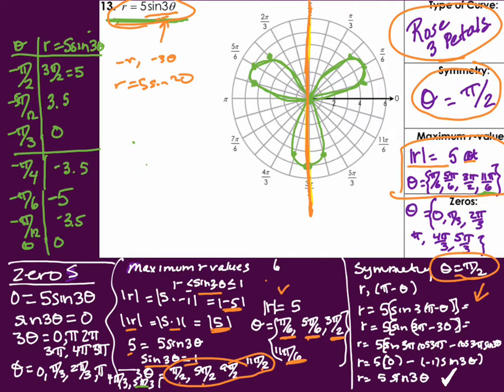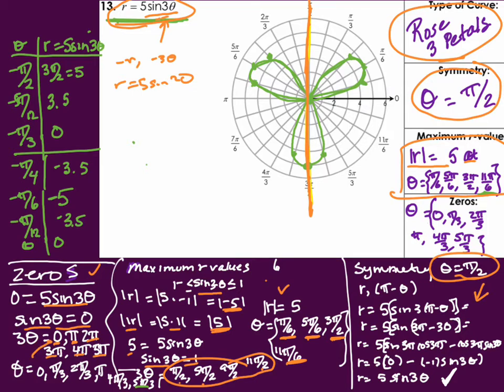And the last thing before I graph is the zeros. I set the equation equal to 0, so I get sine 3 theta equals 0. Sine 3 theta equals 0 at 0, pi, 2 pi, 3 pi, 4 pi, 5 pi. I have to go up to 6 pi, but not at 6 pi, because 6 pi would be repeating.